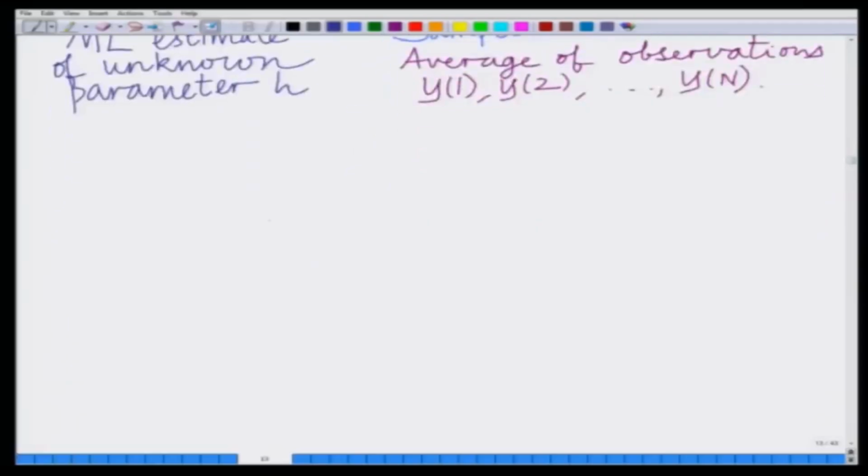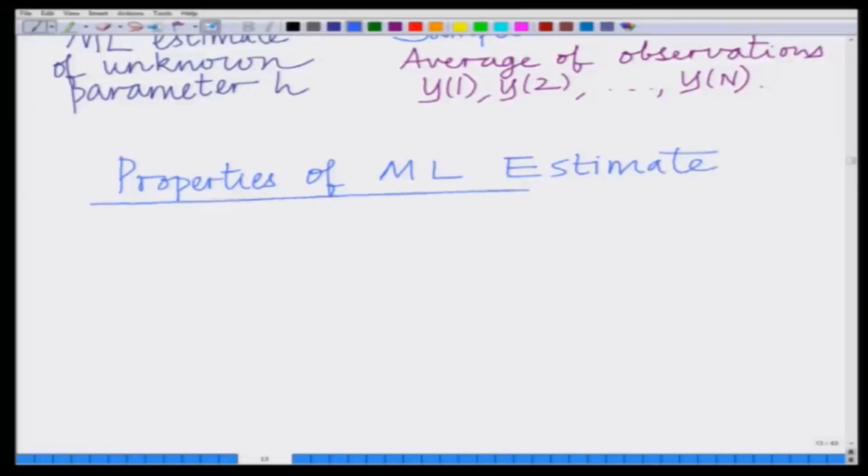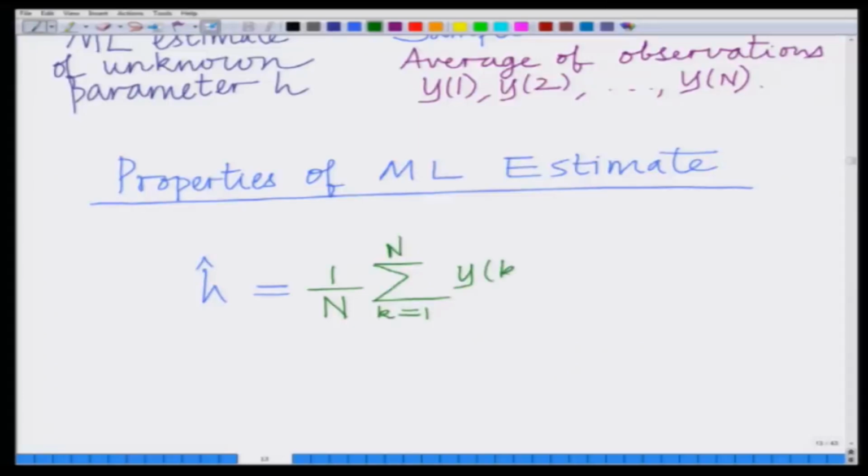So, starting this module, let us explore the properties of the maximum likelihood estimate. Now, remember we have h hat equals 1 over n summation k equals 1 to n y k, and recall that each observation y k is random in nature.